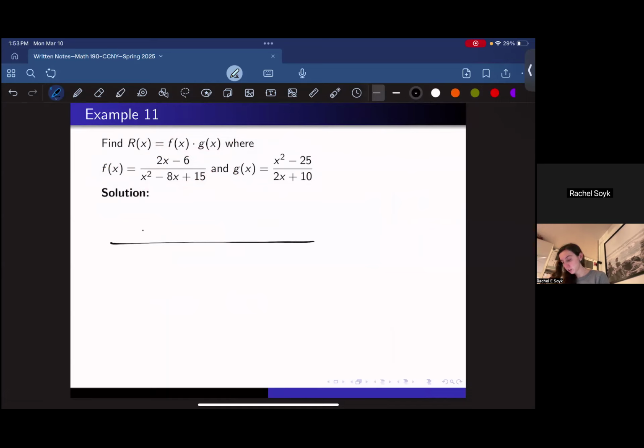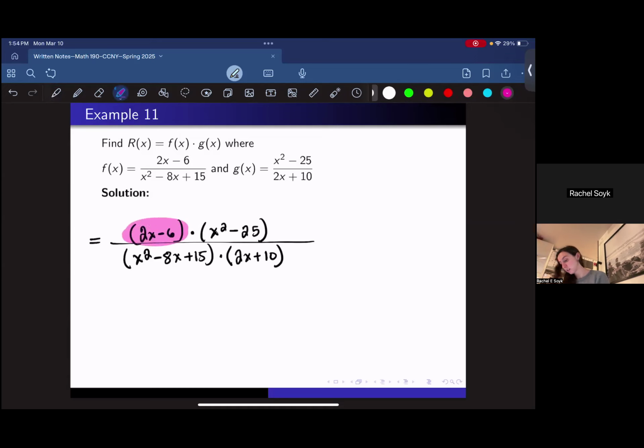So what do you have to do? You can just combine the numerators together by multiplication, taking the product of the two numerators and taking the product of the two denominators of the function. Now to simplify, I'm gonna pull out some greatest common factors and then use my special factoring tools.